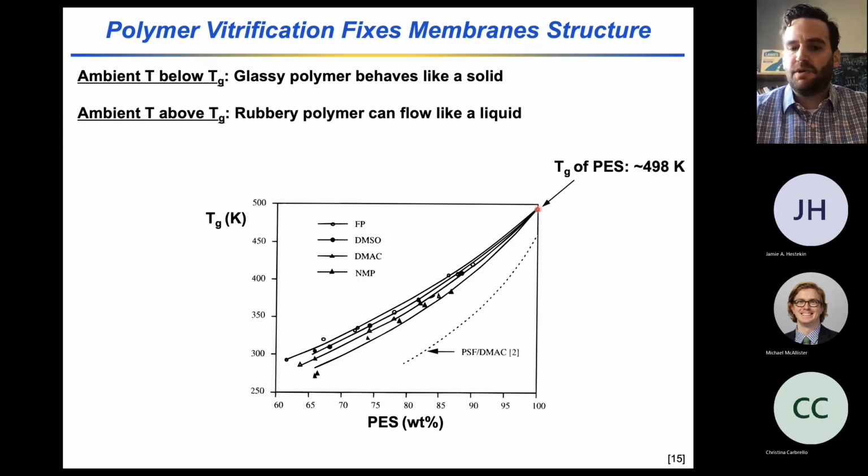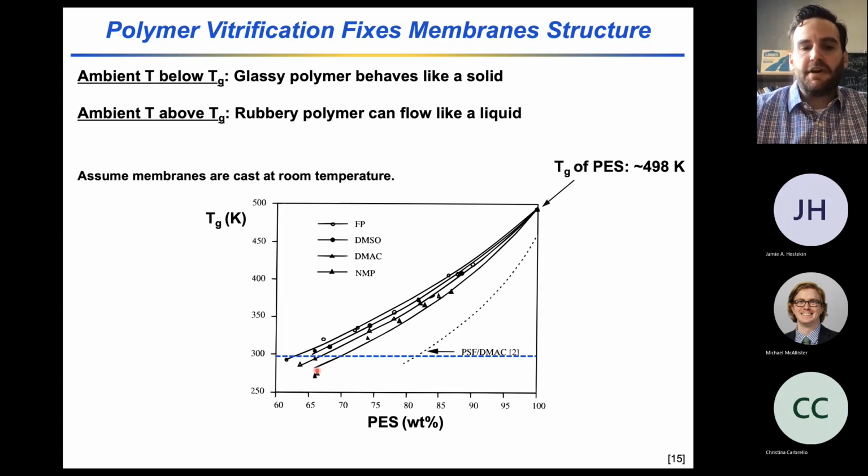But as you begin to put more solvent into the system, you see the glass transition temperature fall. And as we follow this line for NMP, once I get to about 65% polyether sulfone dissolved in NMP, so only about 35% NMP in the solution, the glass transition temperature is below room temperature, right?